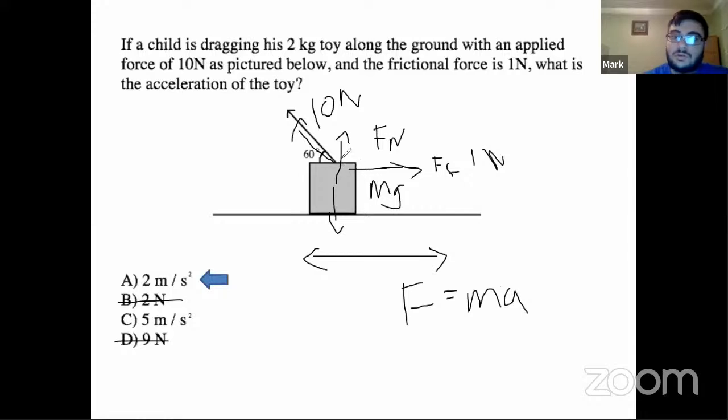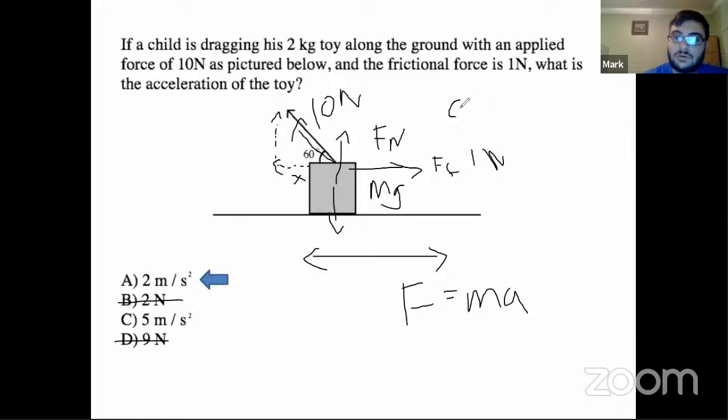Right. So first thing we have to do is break this down into components, and that's what the angle is for. What we're trying to find is this spot. We'll just call this component x. And we know that when we have this angle, this is the hypotenuse.